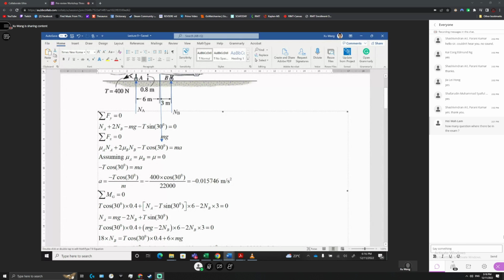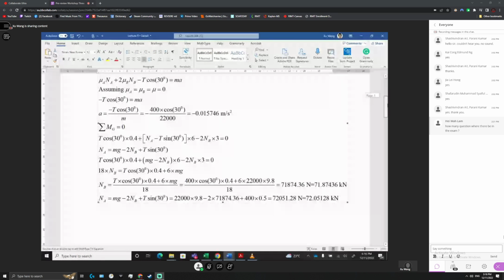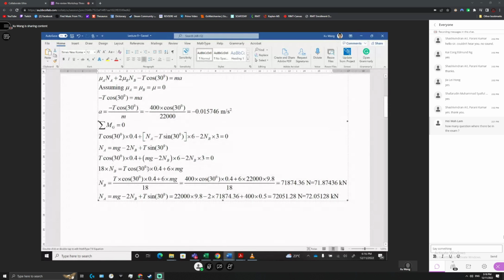So 18 MB equals this plus this one, and then MB equals this divided by 18. You put 400 cosine 30 degrees multiplied by 0.4 plus 6, and mg is 22,000 multiplied by 9.8, divided by 18. This is your result.